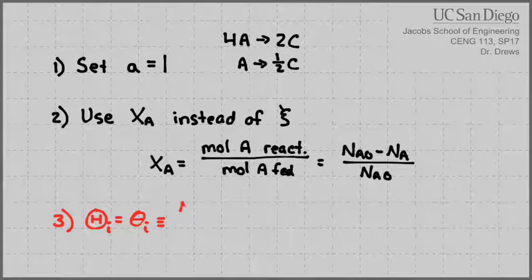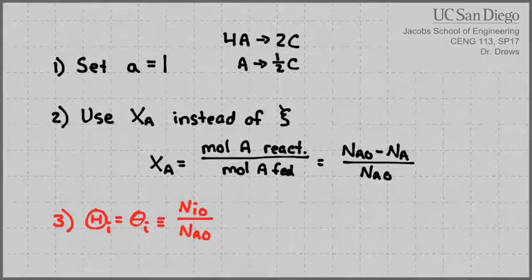Theta is defined as the moles of any species initially present divided by the moles of A initially present. That's all theta is. So it's entirely dependent on how the system started. It has nothing to do with how the system finished.